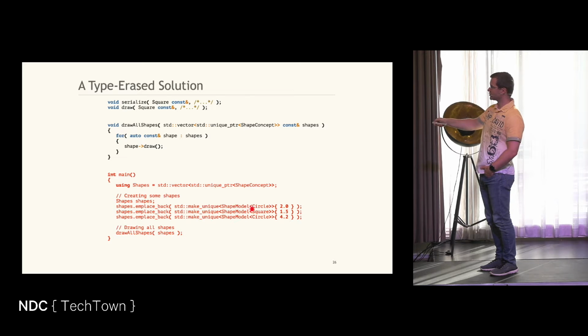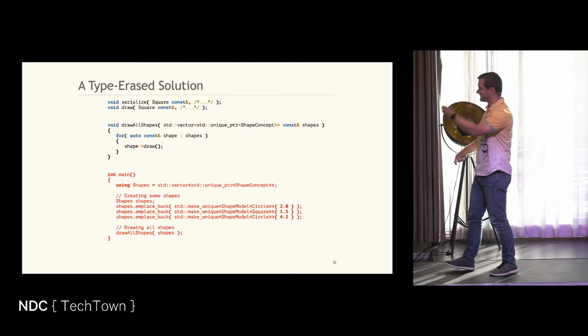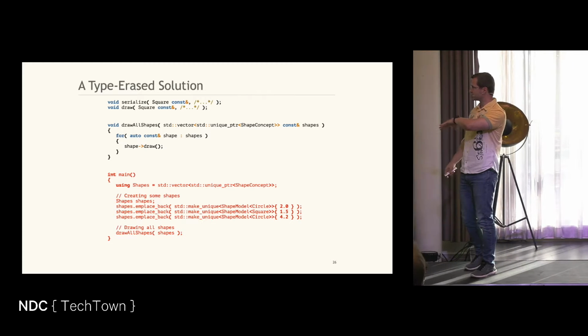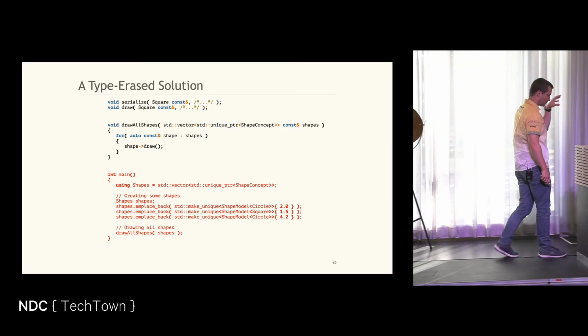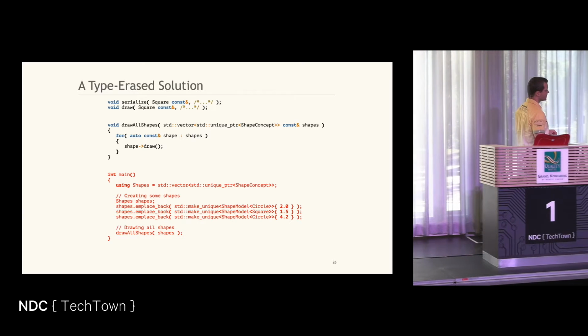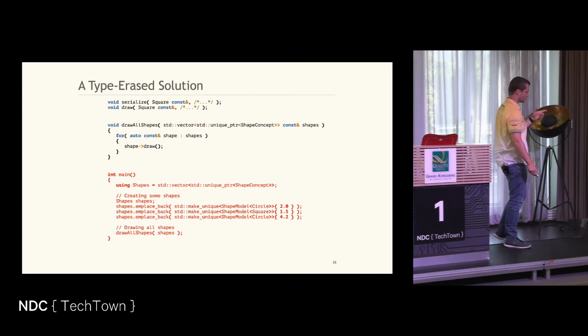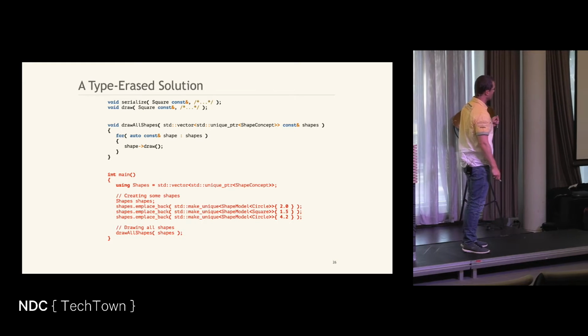So a shape model of circle is created. Pass a radius of 2.0, for instance. This creates the circle accordingly. And then I have the shape model stored as a shape concept and can polymorphically use circles and squares, although they do not have a base class. Now, I really provided this inheritance hierarchy separately, externally, external polymorphism.